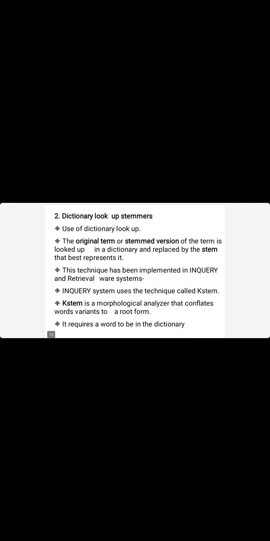This technique has been implemented in inquiry and retrieval systems. Mainly we are using this technique in inquiry and retrieval systems. The inquiry system uses a stemming technique called K-stem.